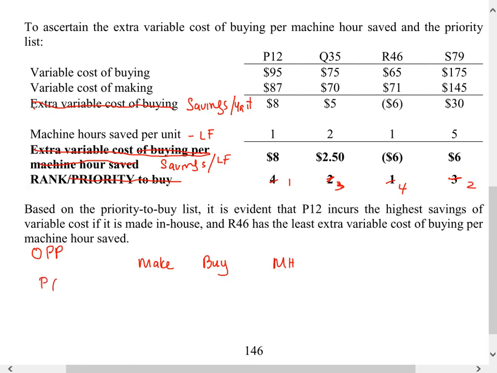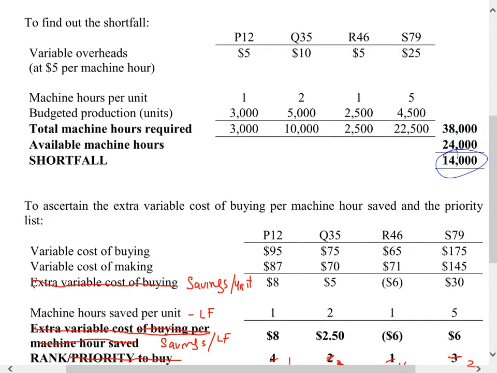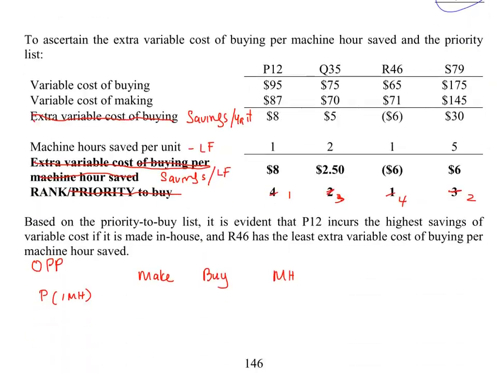P. I need 1 machine hour. I plan to produce 3000.